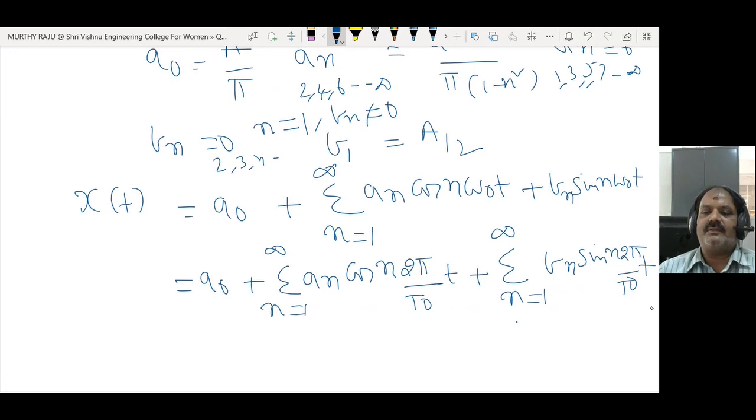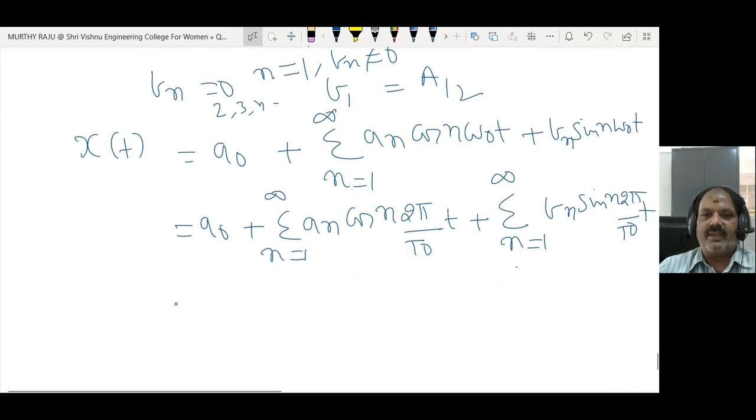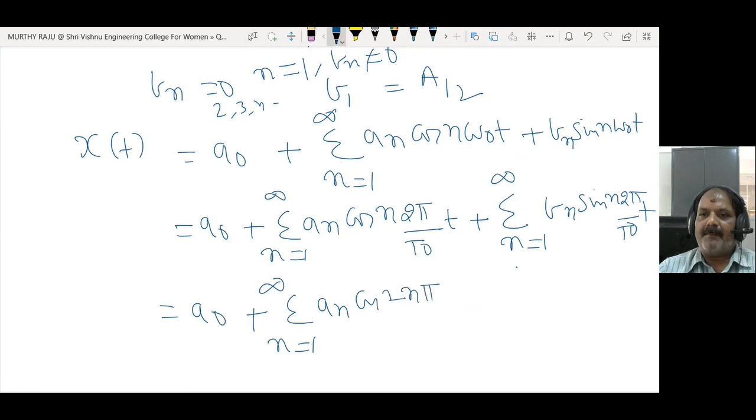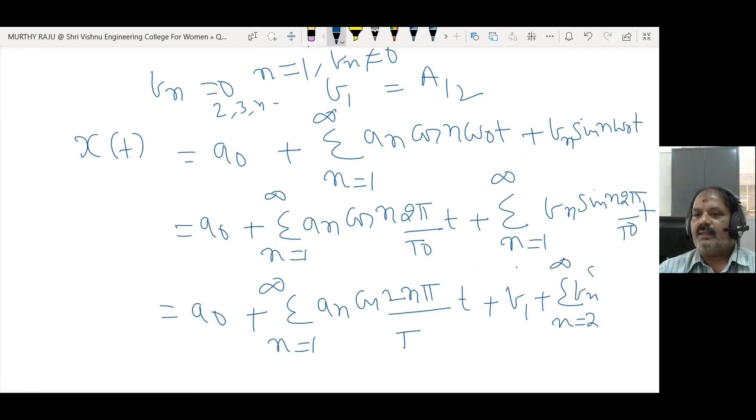The remaining values: this one is a naught, plus sigma n is equal to 1 to infinity an cos 2n pi by T naught into t. For n is equal to 1, bn value is not 0. The remaining values are b1 plus sigma n is equal to 2 to infinity bn sin 2n pi by T naught into t. For the remaining values n is equal to 2 to infinity, bn is 0.